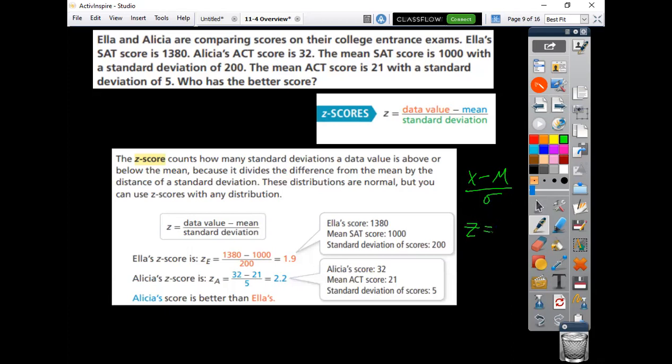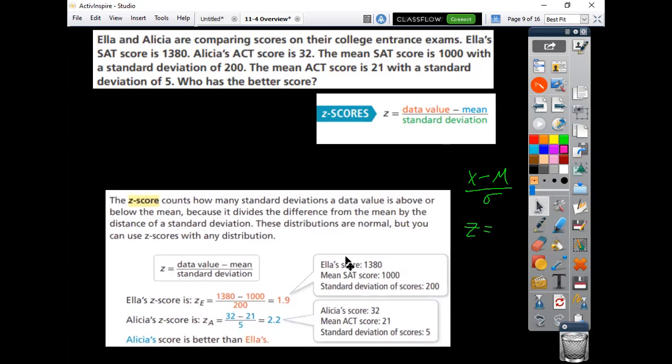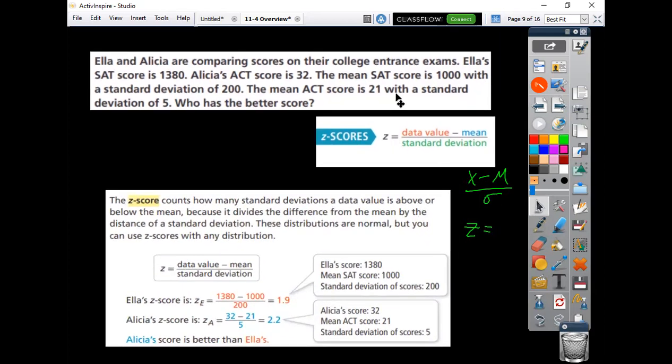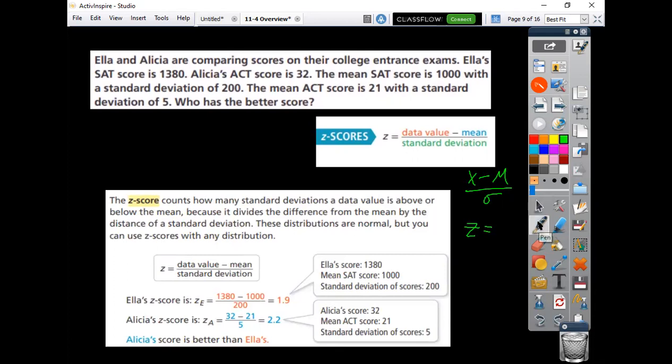So if you go back to this problem that we're given right up here, you can compare these then to see who did better comparatively to the situation. Because in this problem, we have Ella and Alicia, one's doing the SAT, one's doing the ACT. So if we take a look here, we've got Ella, a 1380 on the SAT, and the SAT mean is 1,000.